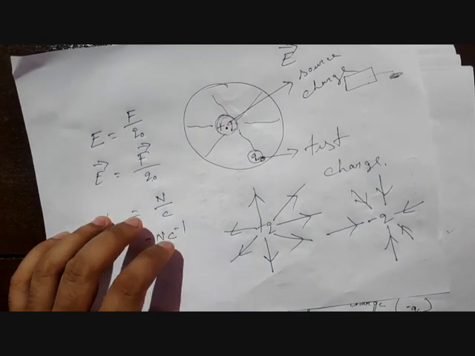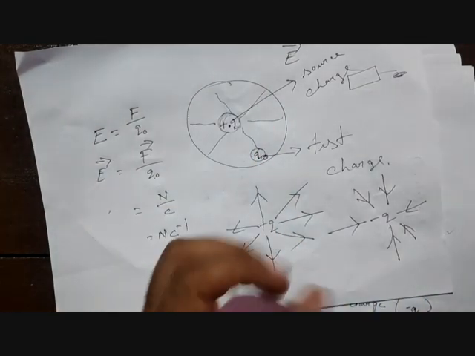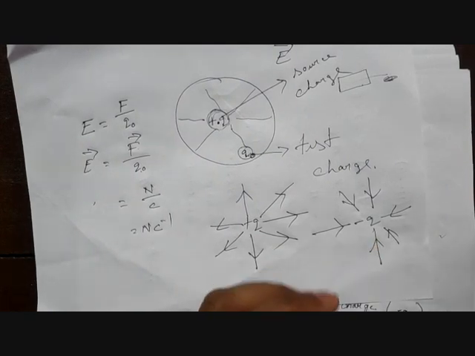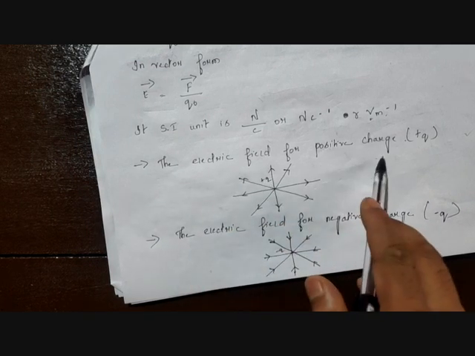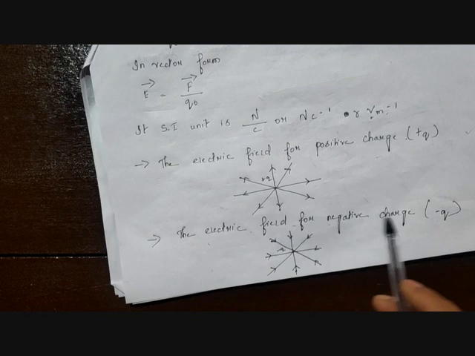So for a positive charge, the electric field moves outward, and for a negative charge, the electric field is inward. Is it clear? So that's all about electric field.